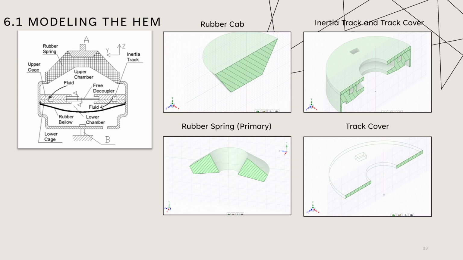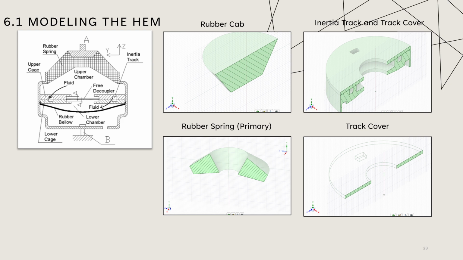First things first, I designed a rubber cap, which is a small middle part in the rubber that connects to the rubber spring, and this one connects to the engine. After that, I started to design the inertia track and the track cover.